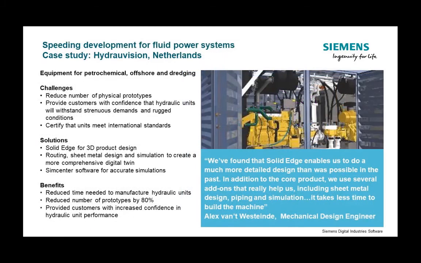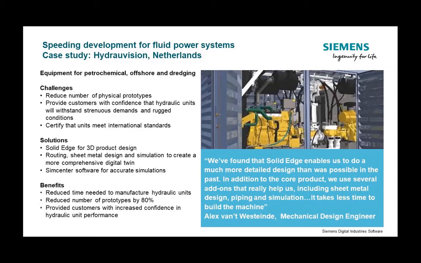Let's look at a final example of a manufacturer who is using a digital twin to speed their product development process. Hydrovision in the Netherlands design and manufacture heavy-duty hydraulic winches that are used in the offshore and petrochemical industries. A key challenge for Hydrovision is reacting quickly to their customers' needs.